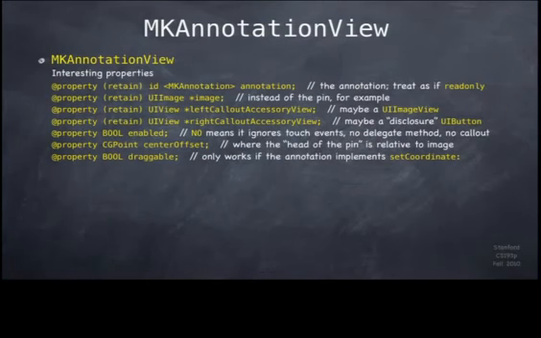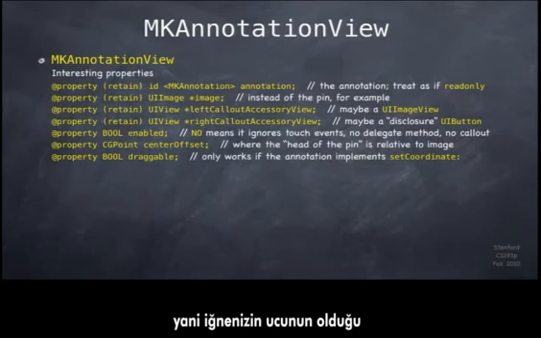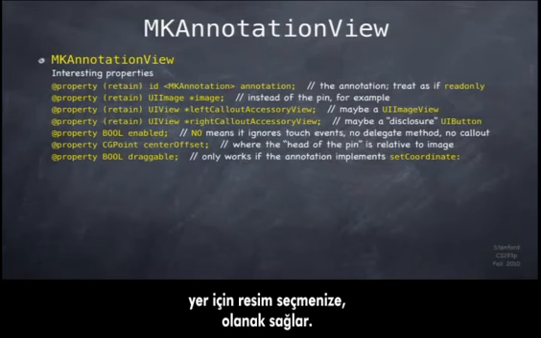Right callout accessory view, a lot of times that's a disclosure button, that little round blue button. It also has enabled, whether it's enabled or not, and centerOffset. That's like the pin. Where the pin is stuck into the ground, that's where the actual latitude and longitude is. So the center offset lets you pick where in your image of your pin or whatever you're showing the head of the pin is, basically.